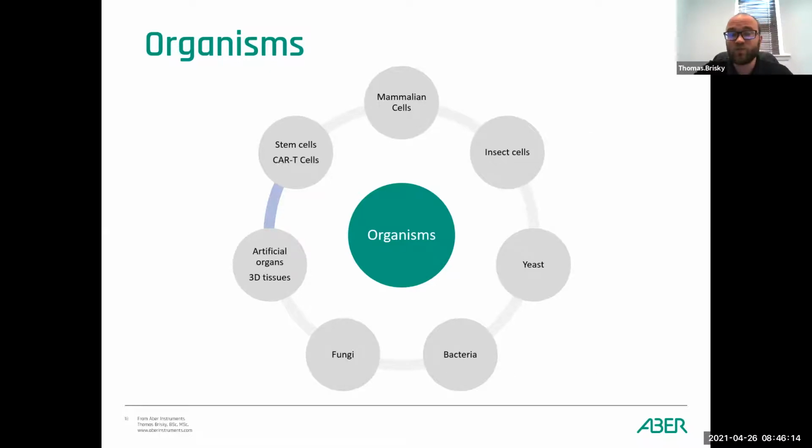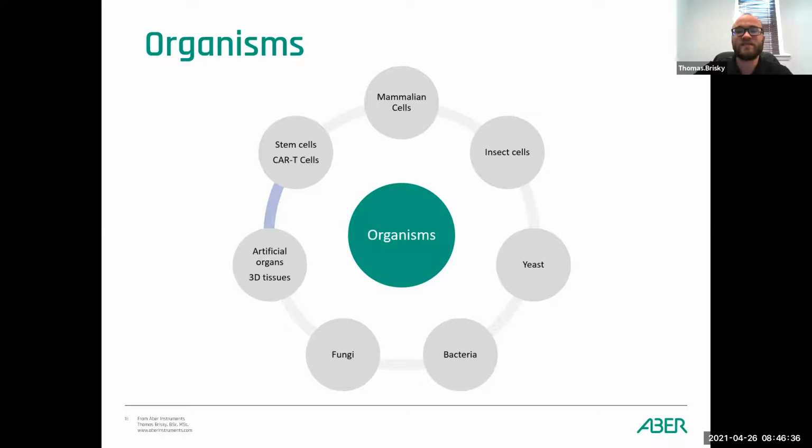The Aber technology works with yeast too. Both gram-positive and gram-negative bacteria can be used with dielectric spectroscopy. Fungal applications are also great candidates because they typically make for very difficult offline measurements. We've also had success with gene and cell therapy and also 3D tissues.